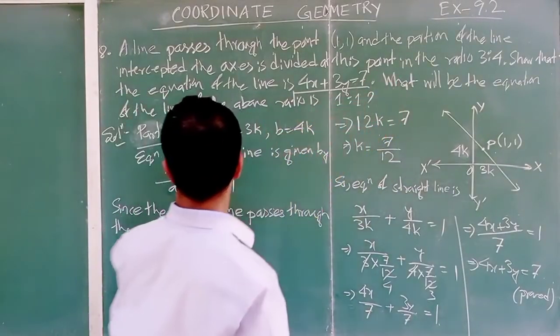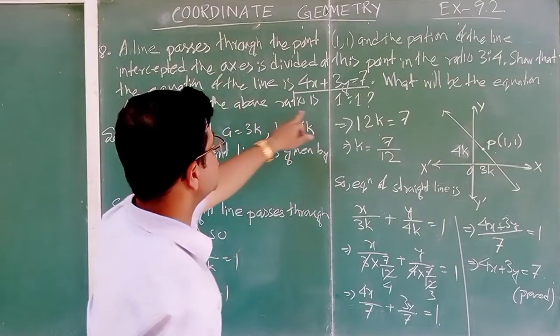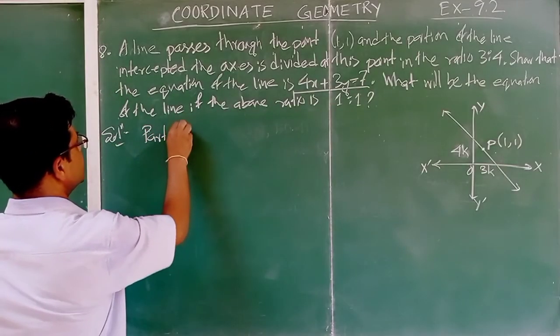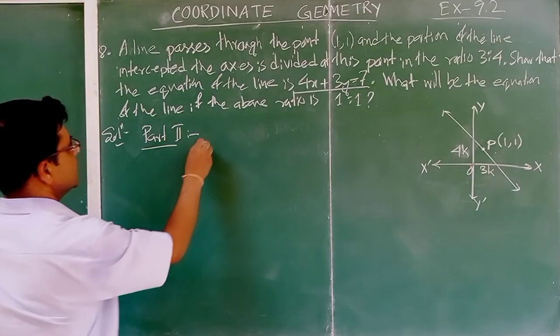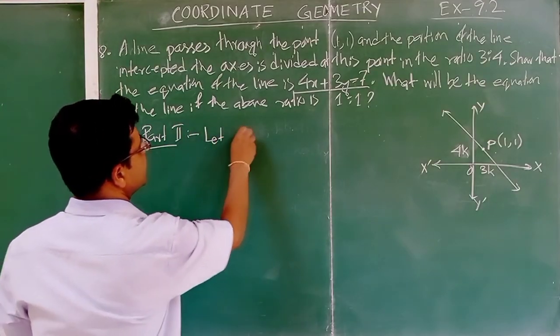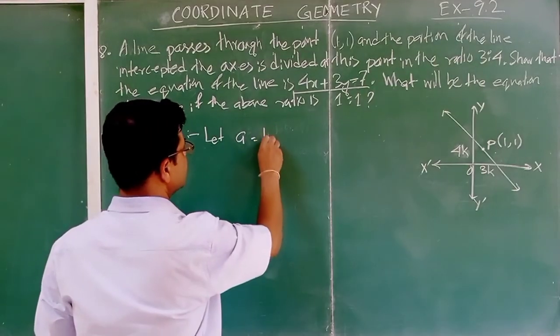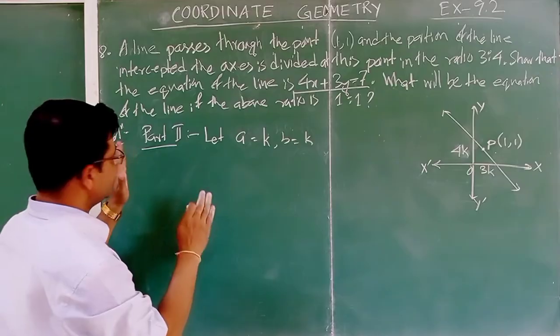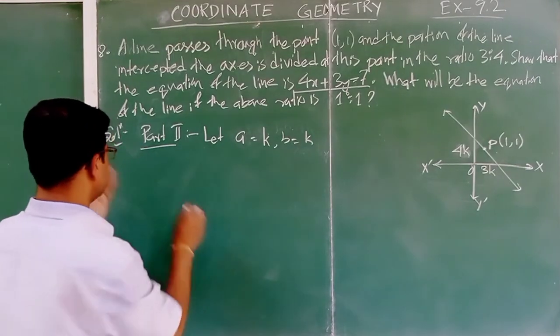What will be the equation of the line if the above ratio is 1:1? Let us do the second part. Now let us do part 2. Let a equal 1k, that is simply k, and b equal k. Since we have already done part 1, there is no need to write everything.